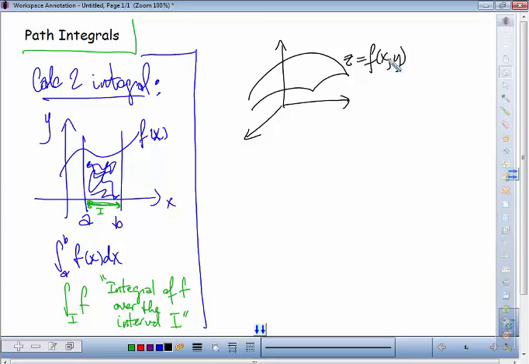So let's imagine trying to do a similar thing here with a function f that takes 2 variables into 1 variable. So z is equal to f of x, y. And let's imagine this interval, this very same interval, maybe going this way.